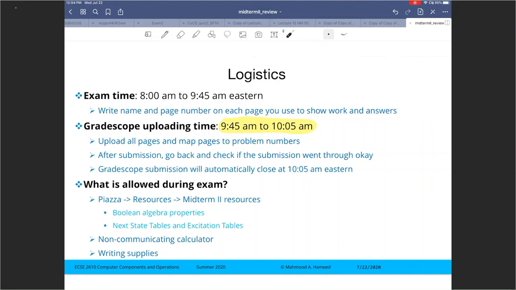As usual, you're using your own paper. Please do not write on the exam question paper, because I have not left enough space. All of these things are very similar to exam 1, so you guys should be familiar with what's going to happen. All right, so those are some timing details.